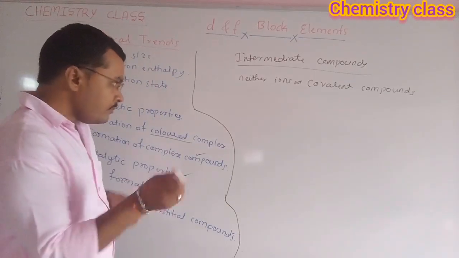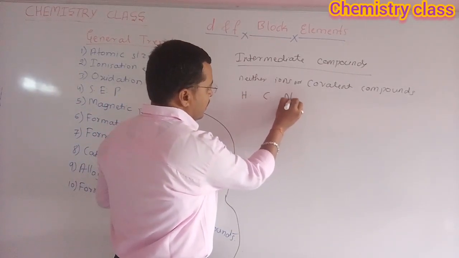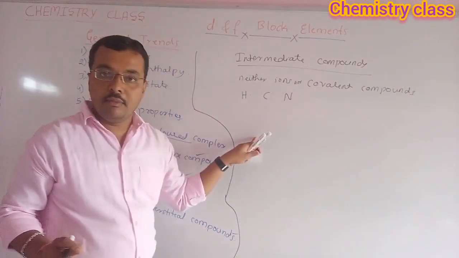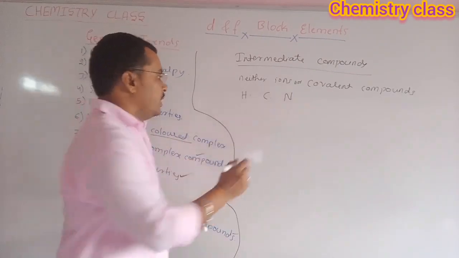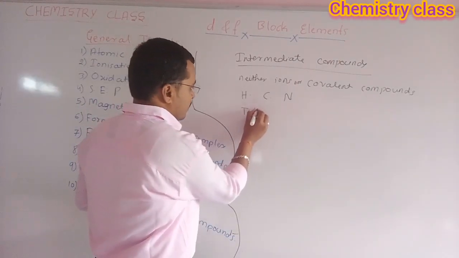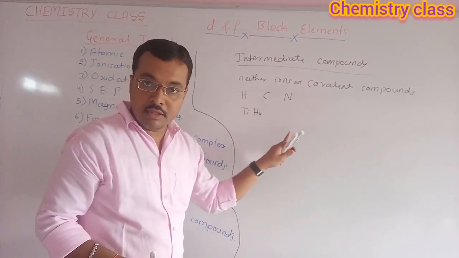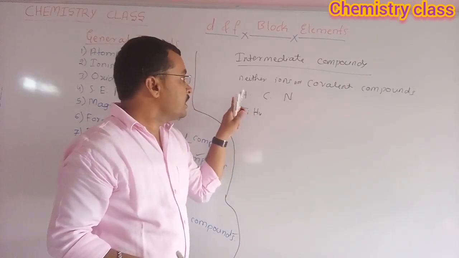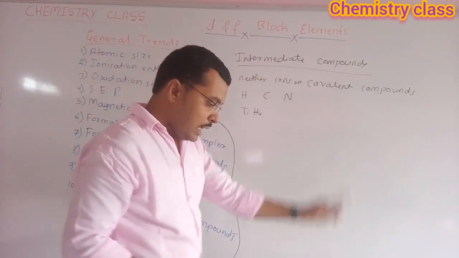It means by the addition of hydrogen, carbon, nitrogen, these d block elements will form interstitial compounds. For example, TiH4. By the addition of hydrogen to titanium, this titanium element can be converted into an interstitial compound.